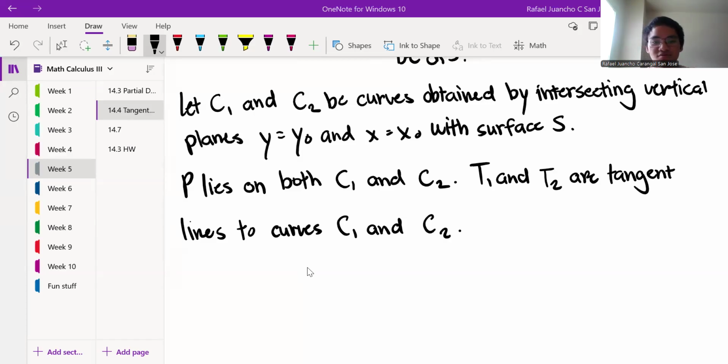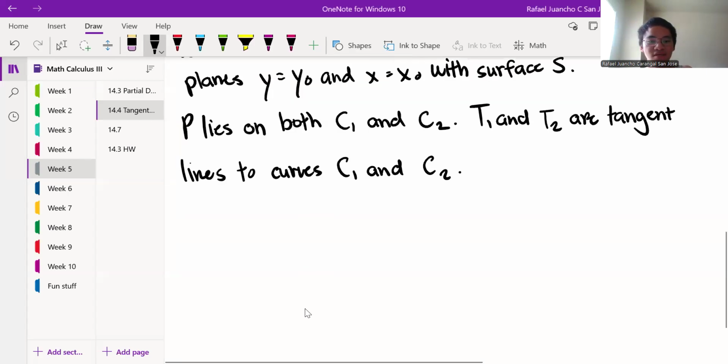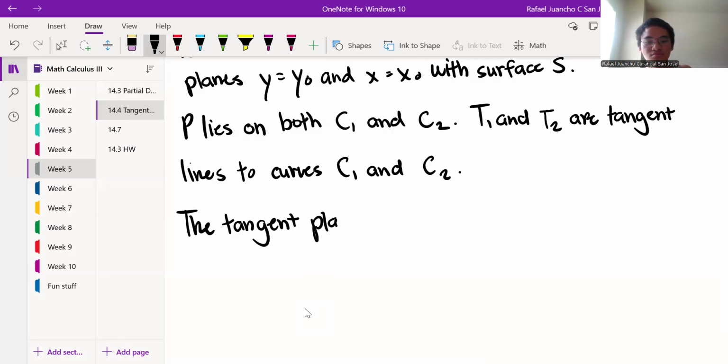And then from there, what now? Now we talk about the tangent plane. And so the tangent plane is basically the plane to the surface, so our surface S, at a particular point.